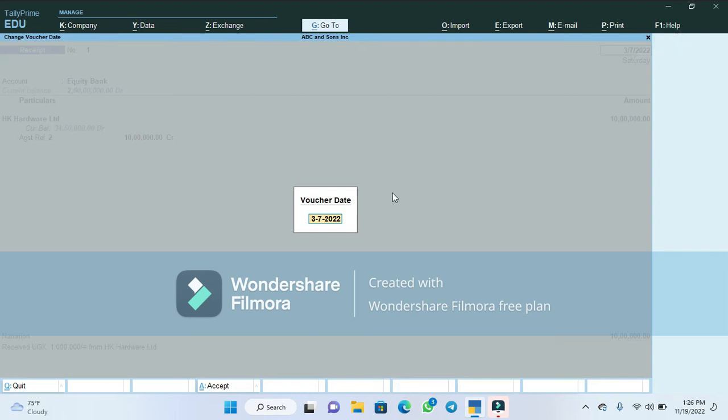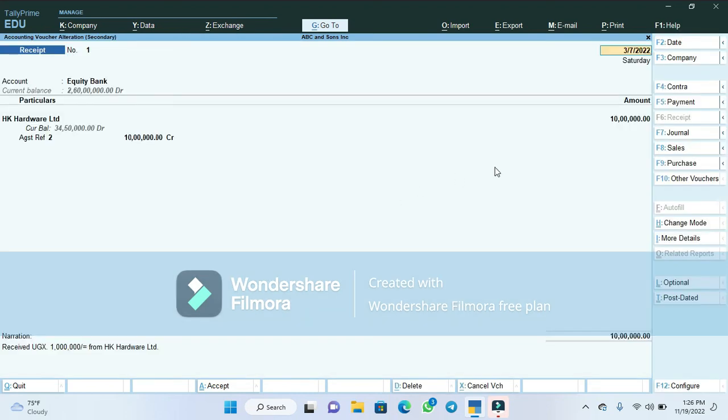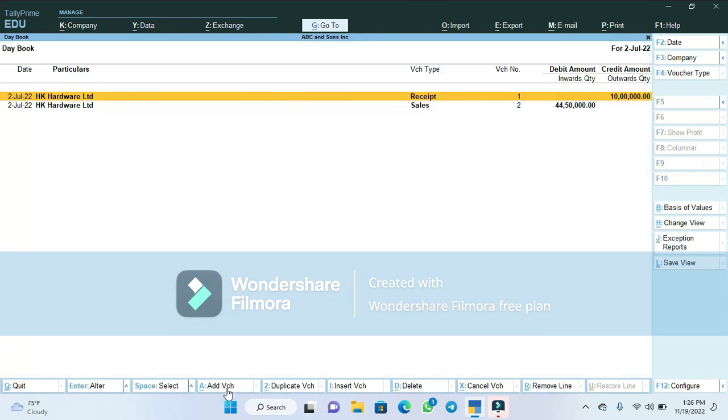I don't know why. The reason goes back to this being education mode. It will restrict some dates. So let's leave it at 2nd of July 2022 and we accept. So don't be surprised when such issues happen when you're in education mode. They won't happen when you are not in education mode.